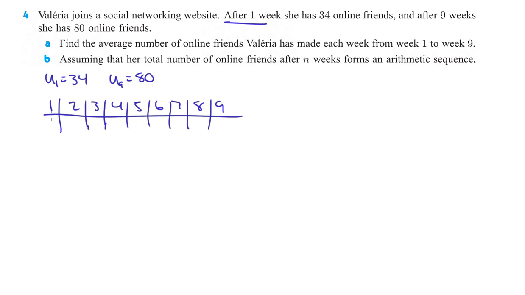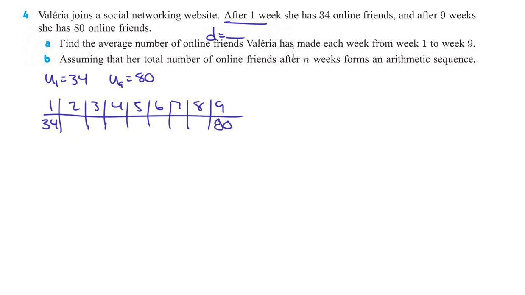After the first week was 34, after the 9th week there were 80. This can help me understand fairly quickly how to figure out the average number of friends, because the average number of friends is going to be our D, is what they're basically asking for. What's it going up by each time?